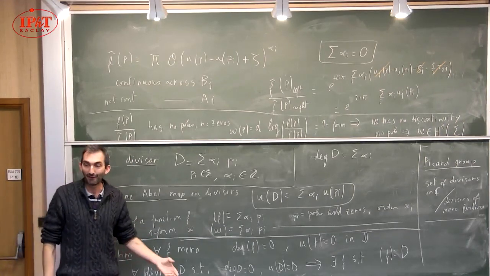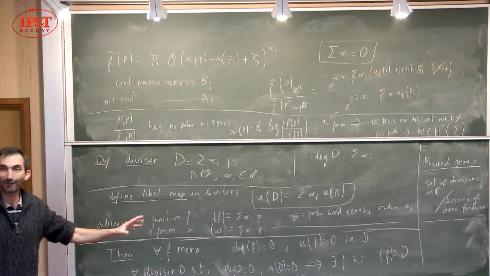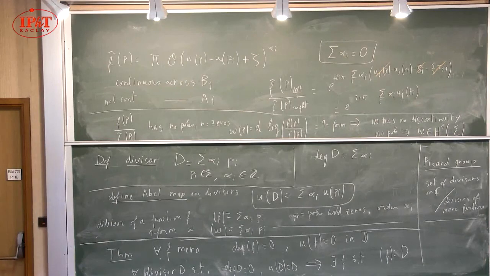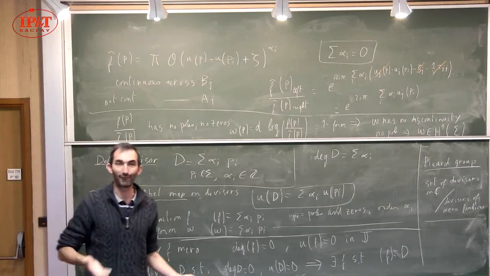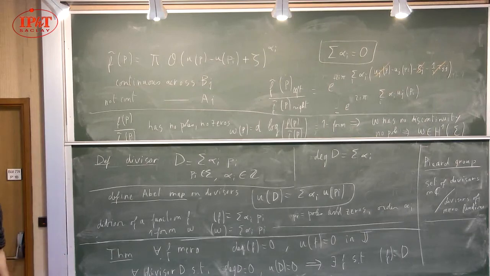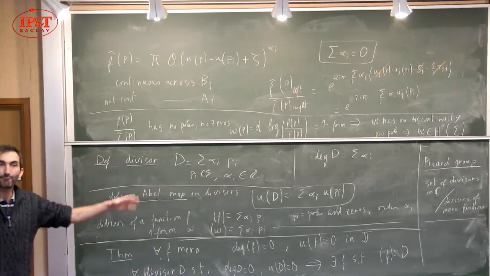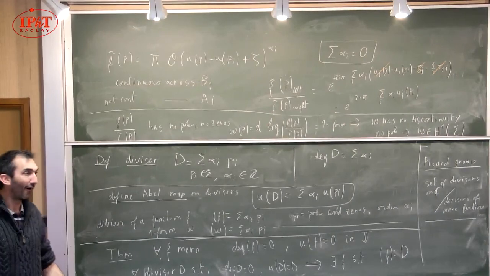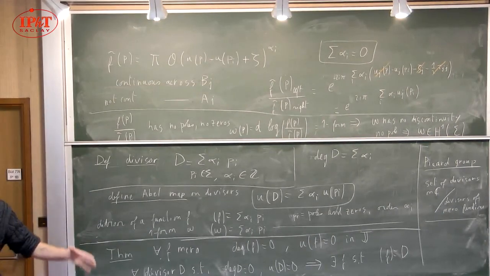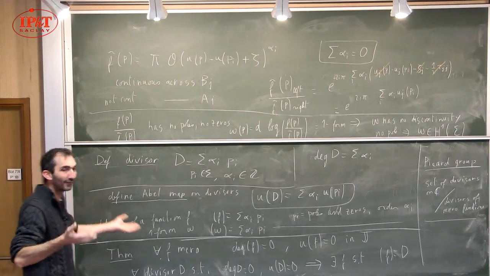It has a pole of maximum order, or if you give a zero, it vanishes at least at this order. So there will be a notion of ordering of divisors. The question is, can you find a function that vanishes at some points at least with an order, or has poles of at most a given order at some points, and how many such functions are there? Of course, this forms a vector space. So what is the dimension of the vector space of functions that have at least given zeros or poles?